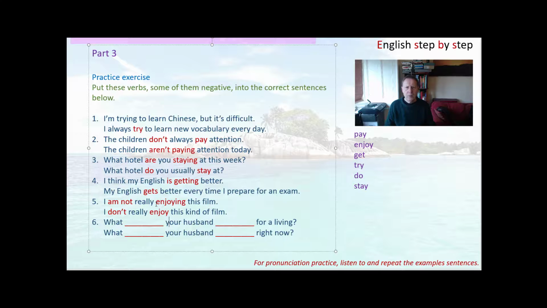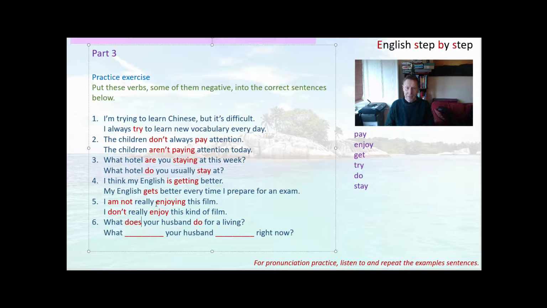Now, the last one there is talking about for a living. Now, if you have for a living, then the only verb you can use is for the expression do for a living. Now, do for a living, that means do as a job. So in this case, we're talking about your husband, and the question for the present simple is, what does your husband do for a living?